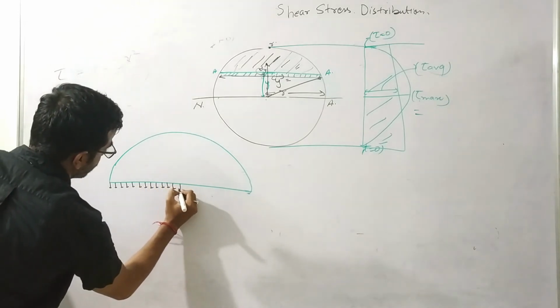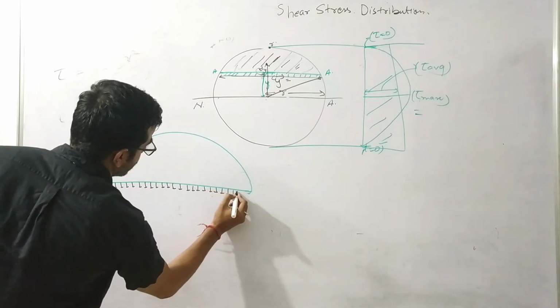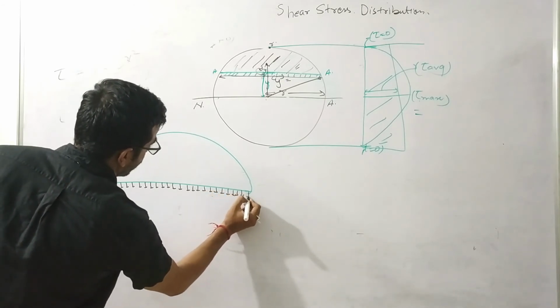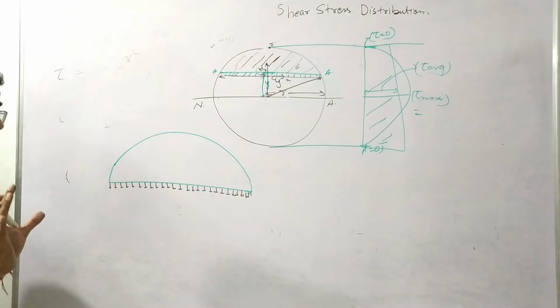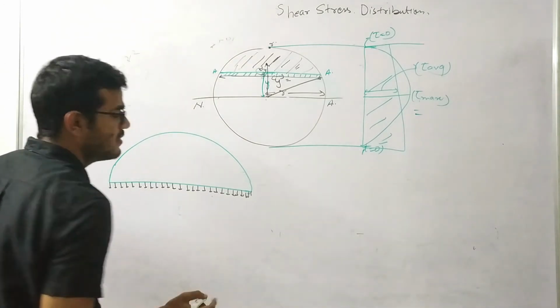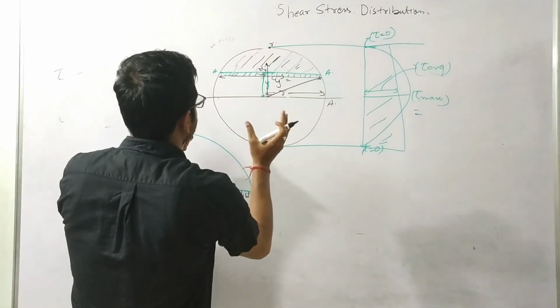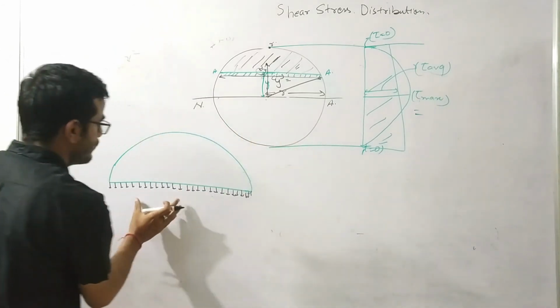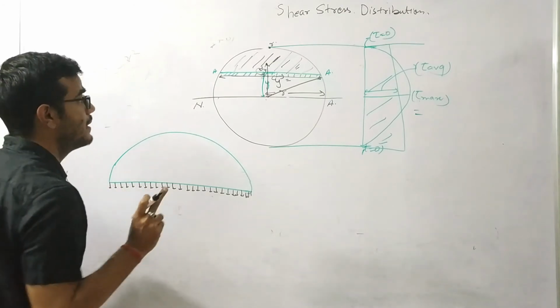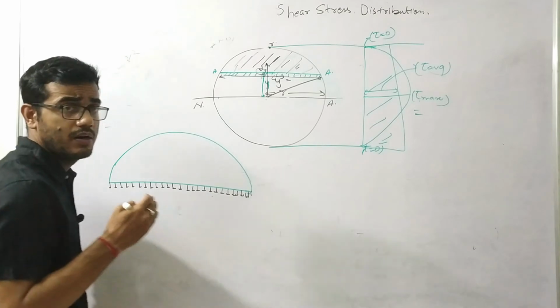This is nothing but vertical shear. I already discussed that the actual variation will be different, but I'm assuming it is constant across the width. Across the width of the section, the shear stress is assumed to be constant, but it is not the case. It depends upon the breadth by depth ratio.